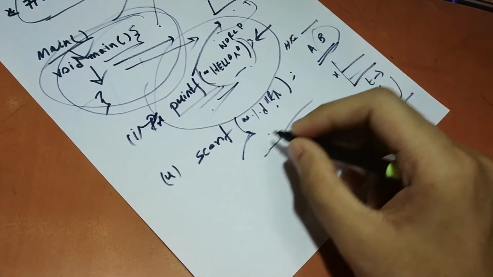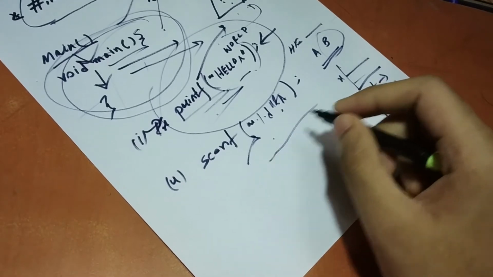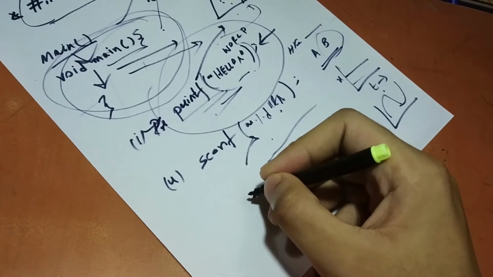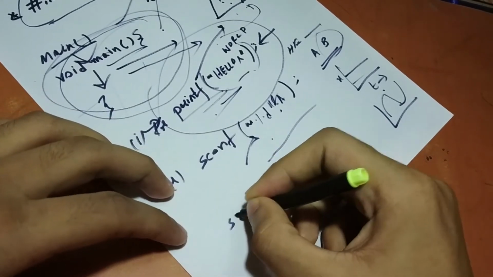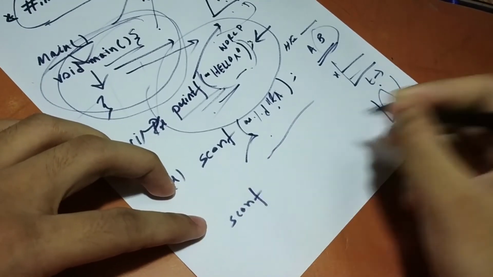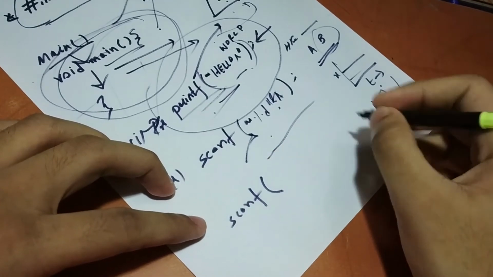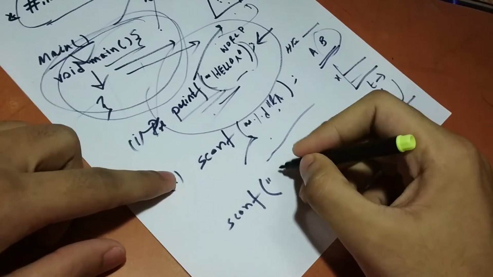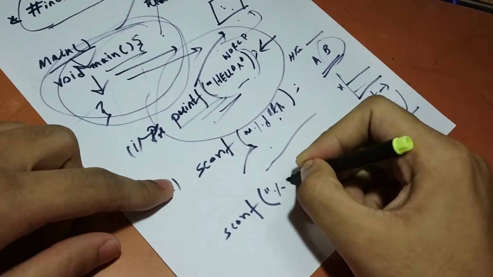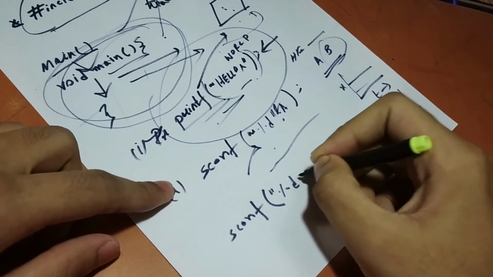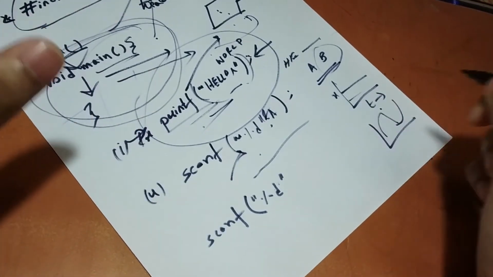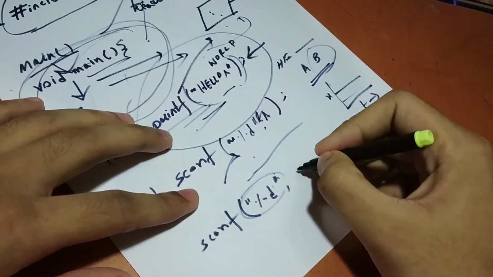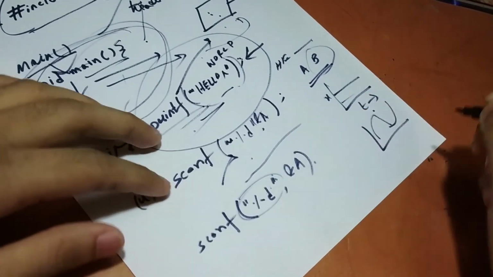So how will the function look? It will look very similar to this: scanf, bracket, quote, %d, close the quote, then comma and &a.